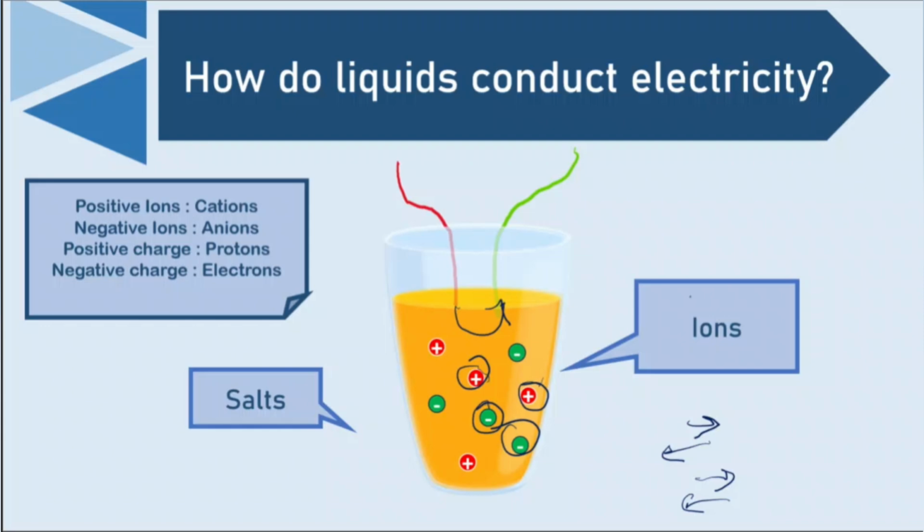And if there are no ions, none of the movement of ions takes place, thus electricity does not flow through it either. So this is the reason why electricity flows through tap water and not distilled water. Tap water has different minerals and salts, which give it ions, but distilled water does not have any.